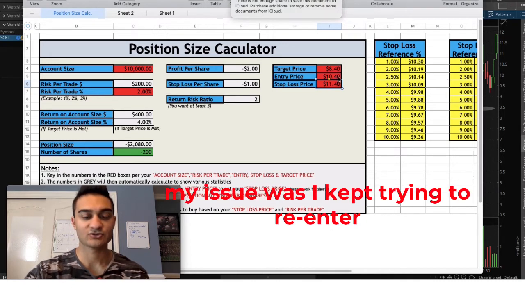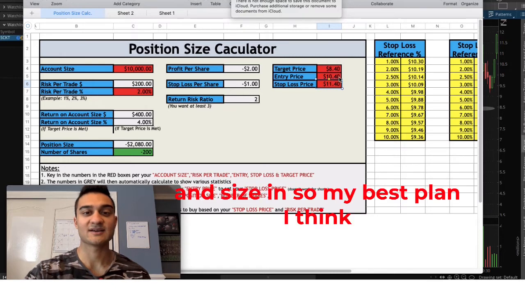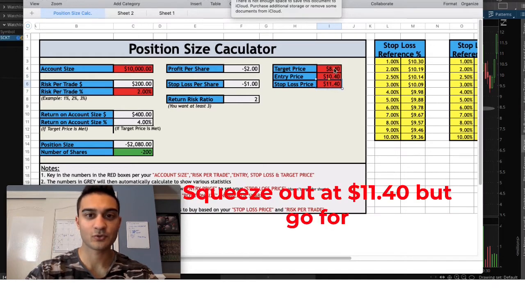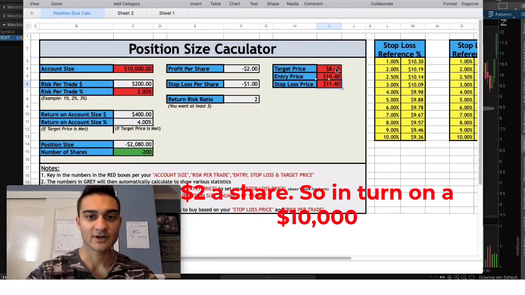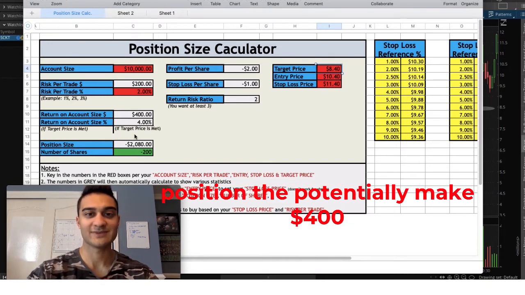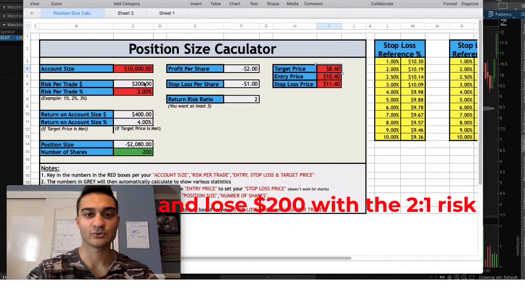My issue was I kept trying to re-enter and size in. My best plan, I think, was shorting at 10.4 and squeezing out at 11.4, but going for $2 a share. So on a $10,000 account, I can take a 200 share position to potentially make $400 and lose $200, with a 2-to-1 reward to risk.